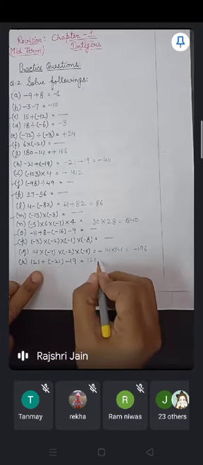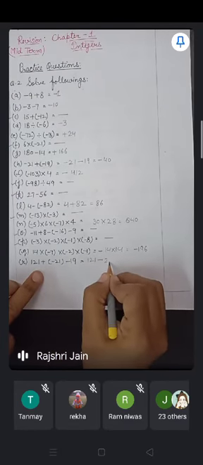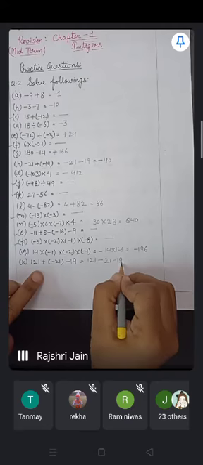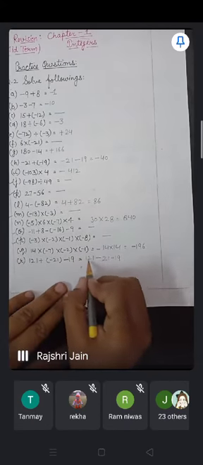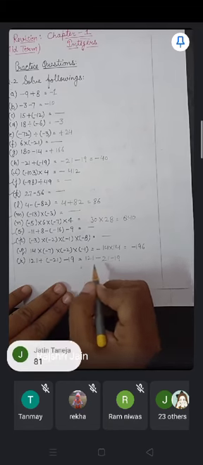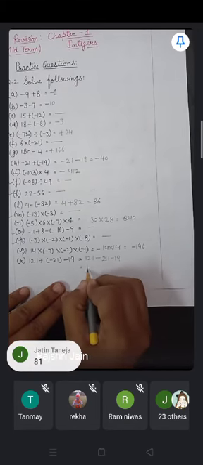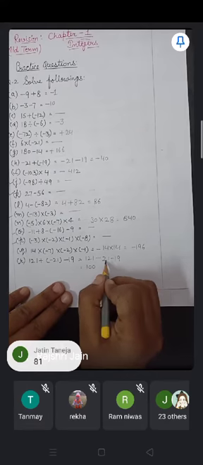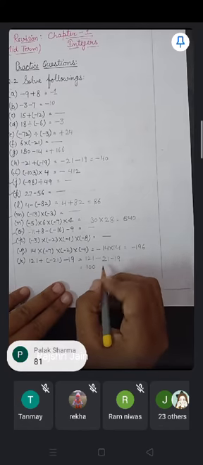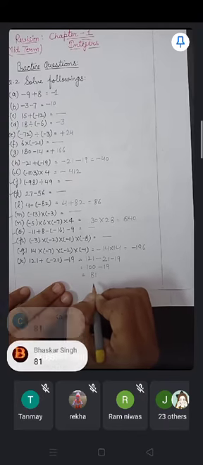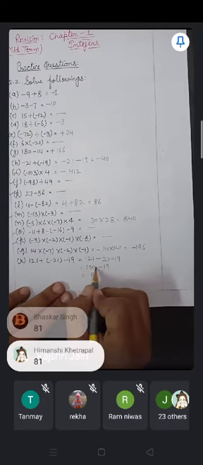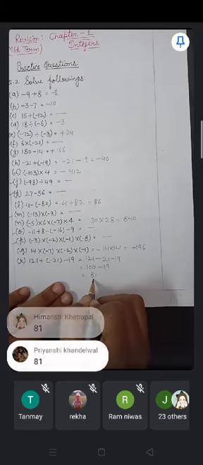So plus minus will be minus 21 as it is, and minus 19. Now 121 minus 21 is 100. Minus 19 as it is, and it will be 81. Positive, because the bigger number has a plus sign, so it will be plus 81.